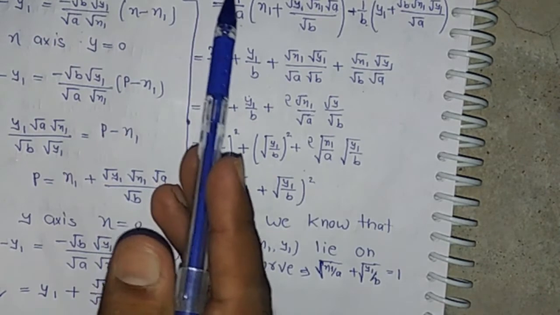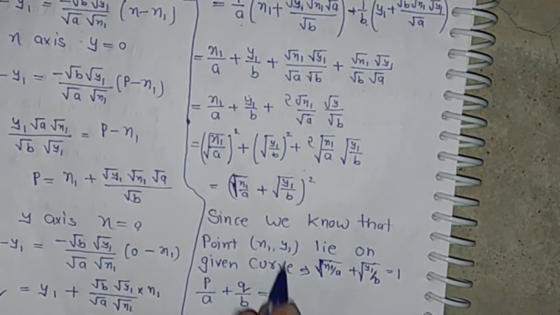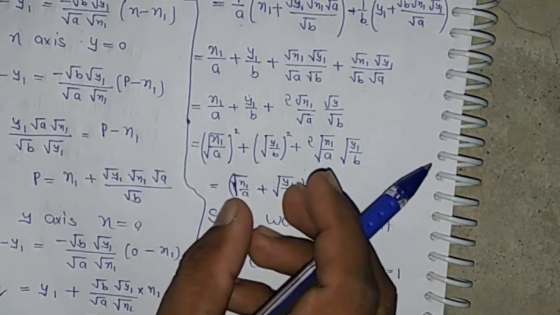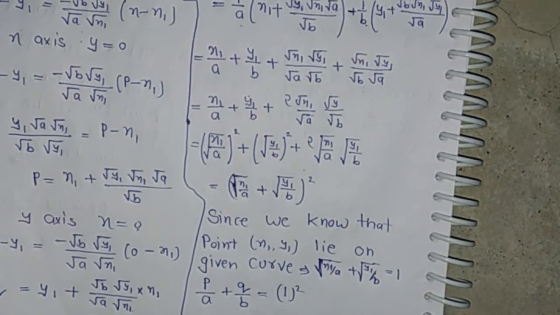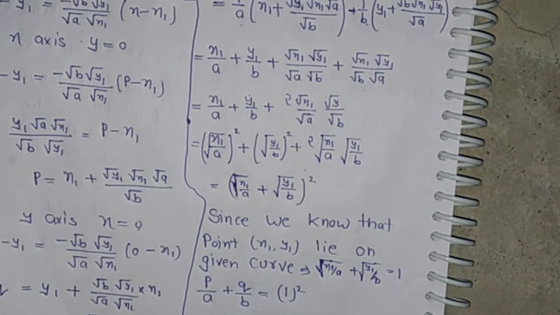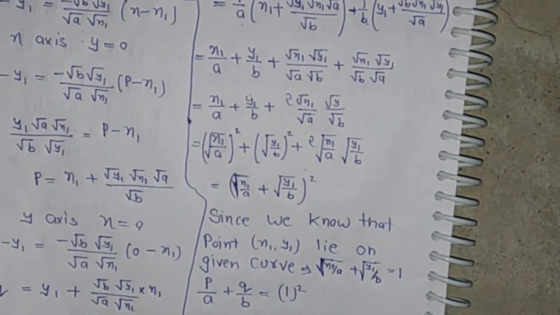Then our expression p by a plus q by b becomes, we put the value of root x1 by a plus root y1 by b, which is 1, and it is 1 square. Then p by a plus q by b equal 1, and this is the answer.